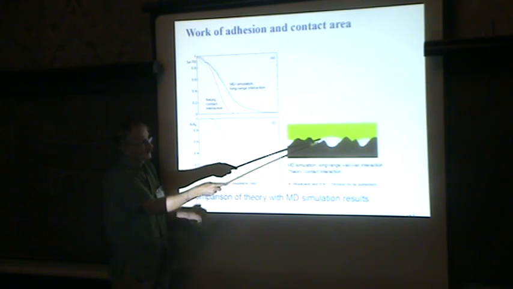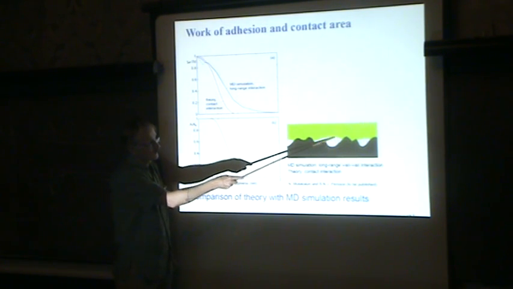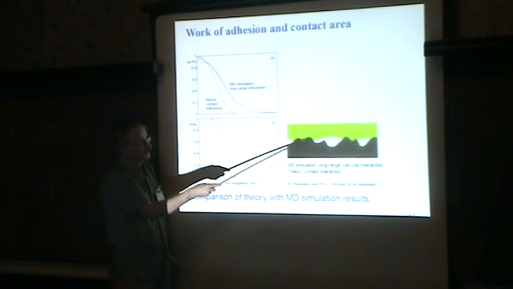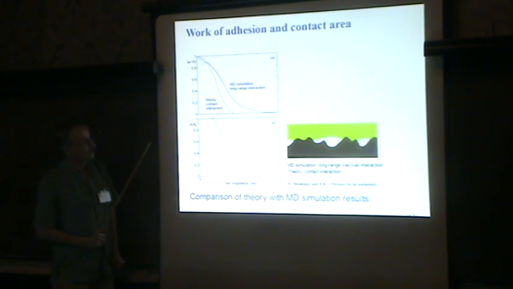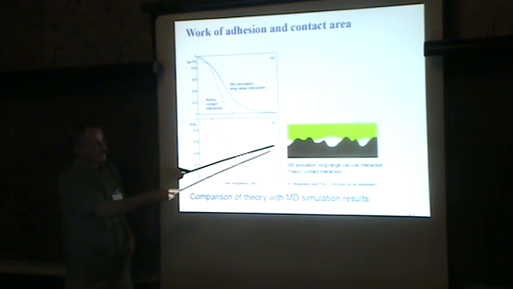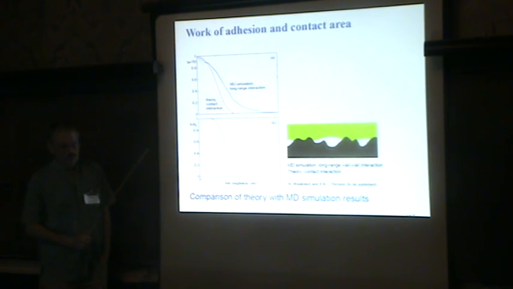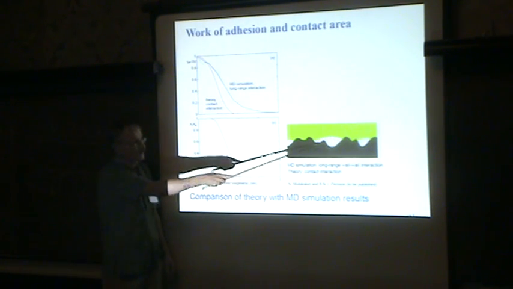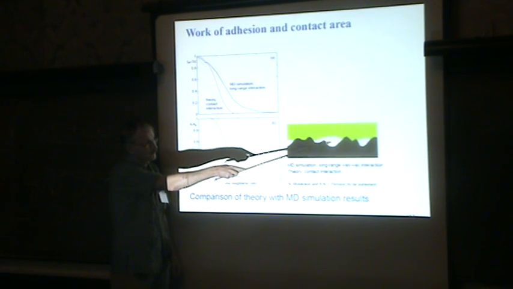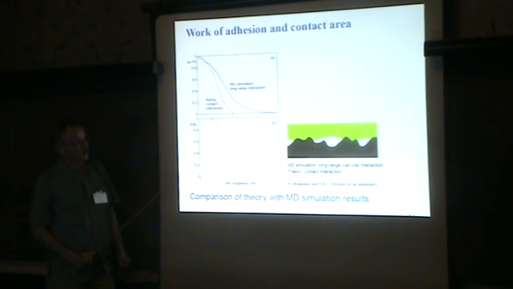So in some sense, we have stronger attraction with the molecular dynamics calculation compared to the analytical theory, where we only bind where we make real contact. This deviation you expect to see only for smooth surfaces and small systems. If you have a macroscopic system, in most regions you will have such a large separation that this long-range interaction basically doesn't act in those regions. And then you expect much less difference between theory and experiment than indicated here. But still, this kind of curve is just what we see experimentally.